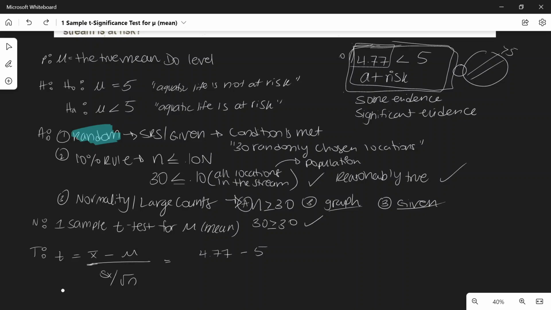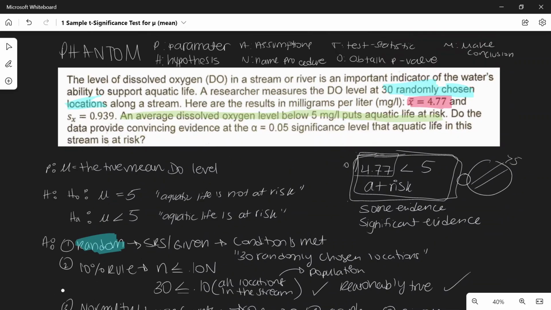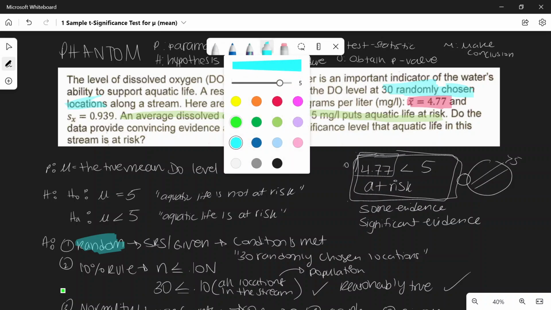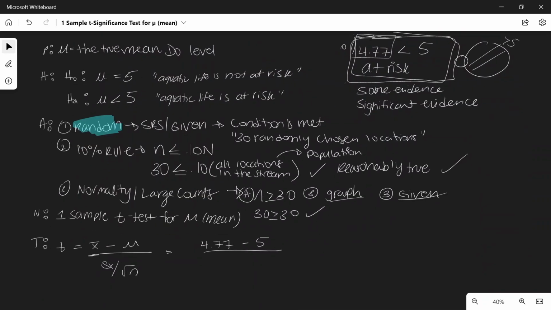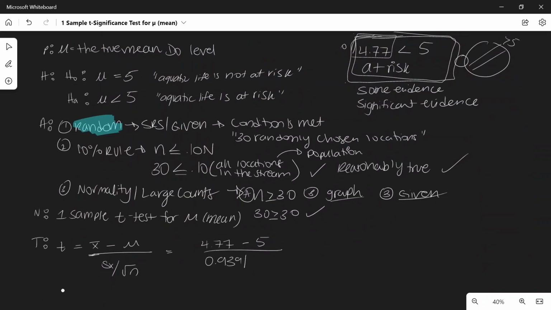And you divide by the standard deviation, which was given to us somewhere over here. Standard deviation is 0.939. So 0.939 divided by the square root of 30.